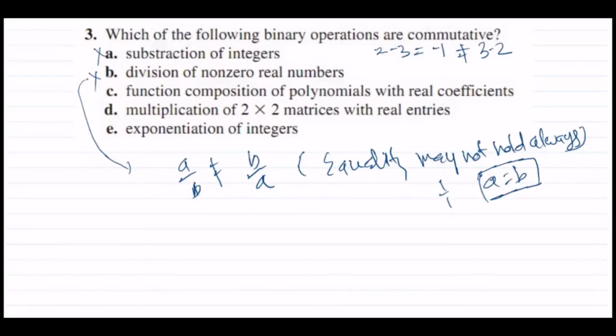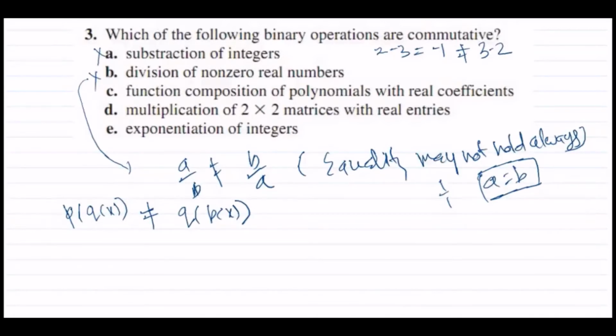Now, function composition of polynomials with real coefficients. Of course we can take the same example and we can see P of Q of x is not equal to Q of P of x.